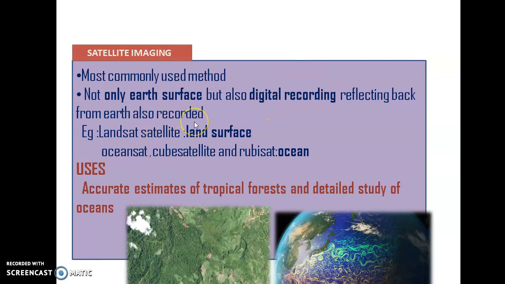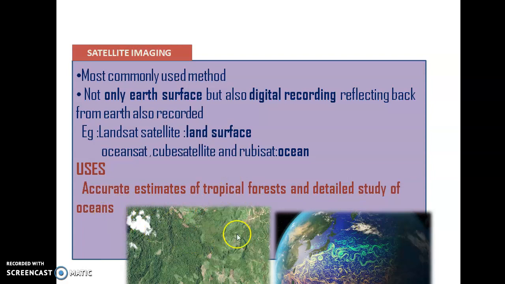For example, for analyzing land surfaces, we use the Landsat satellite. For understanding the oceans, we use OceanSat, CubeSat, and RubySat. So what is the application? It is generally used for estimating the tropical forest as well as the detailed study of oceans.